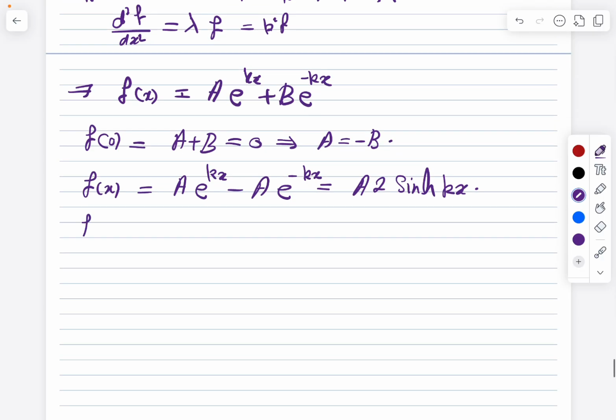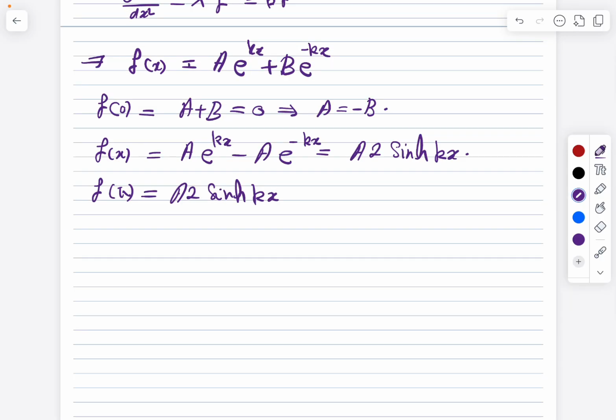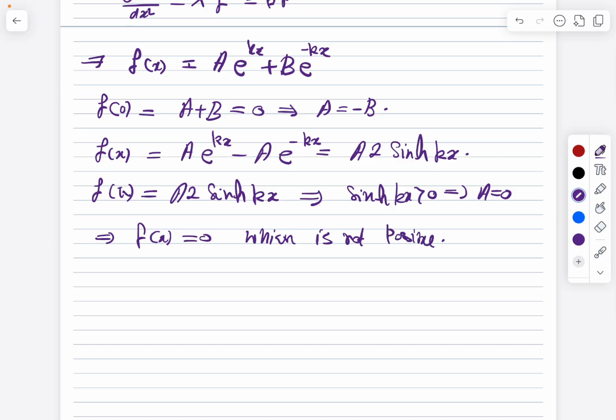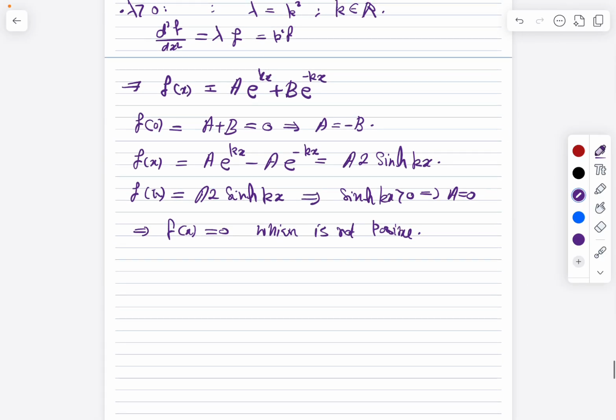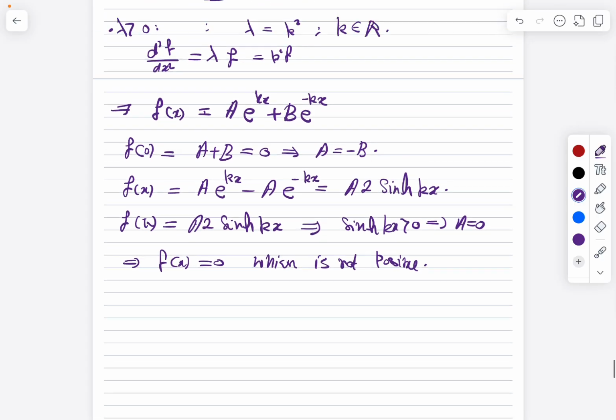Now f at pi is equal to 0, so 2a sinh k pi equals 0, which means, since sinh is always positive, that a is equal to 0. But that means f of x equals 0, which is not possible, as we said previously. We must have a non-zero vector, or a non-zero function in this case.